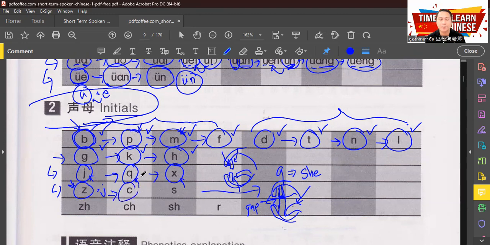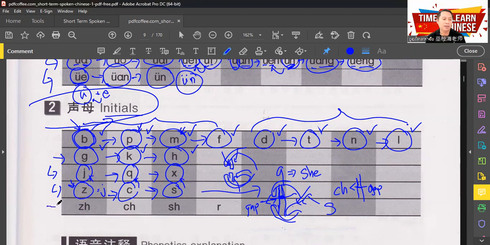For the next one, C we will accent like s. Okay, you have to accent like ch, but you have to close your teeth together, no gap. Okay, start the next one. Next one is S. It's very easy. S is also S, but your teeth position is all the same. We will accent like s.